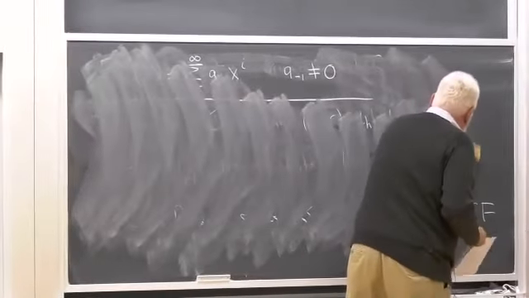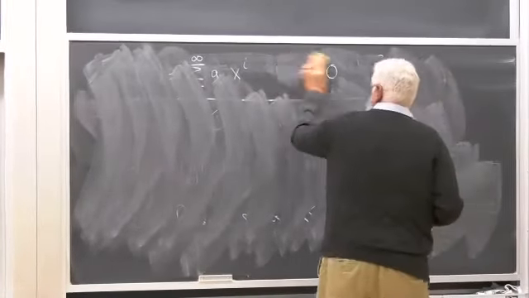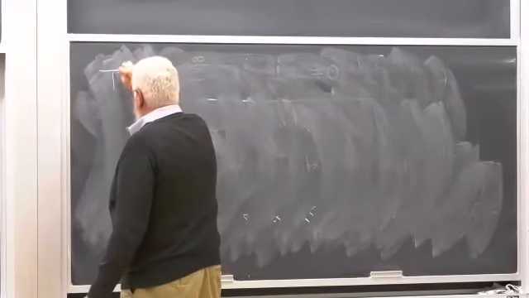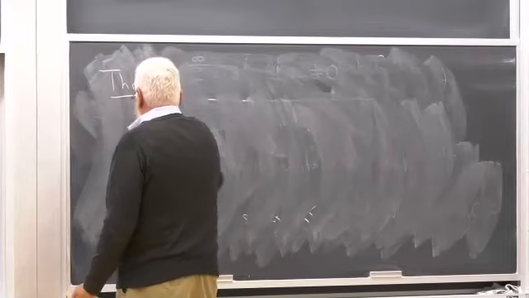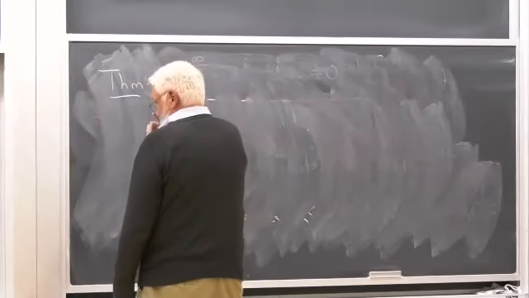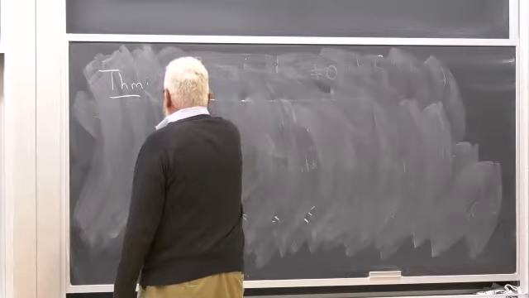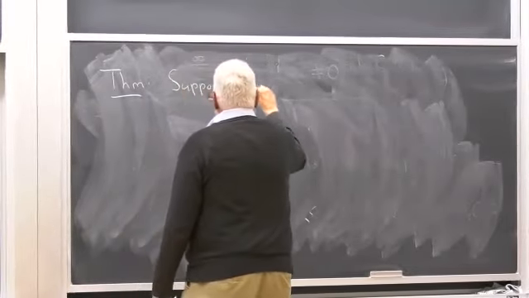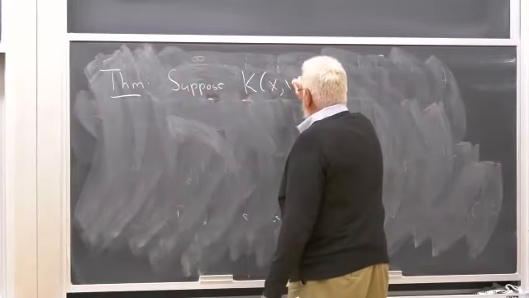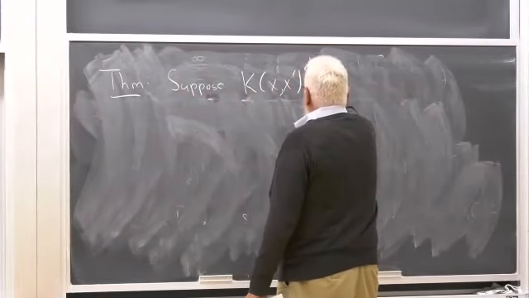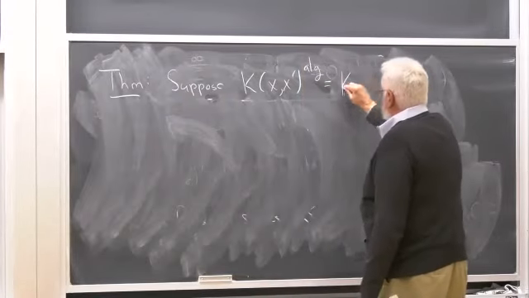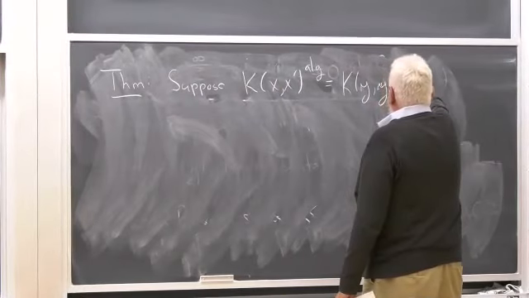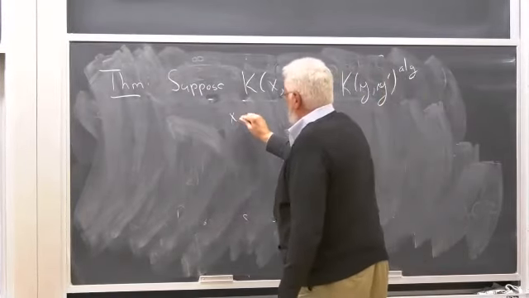The first theorem, which I won't say anything about the proof of this: suppose again for some k, x and y transcendental over k.